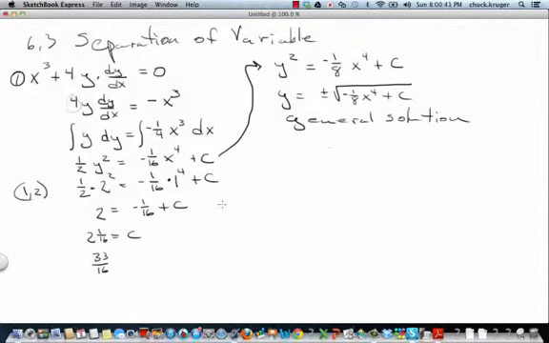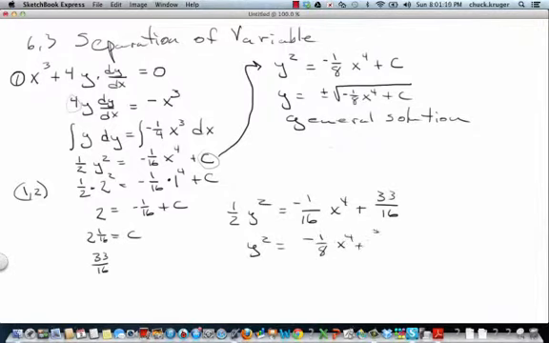What I want to do is now plug in my c at this spot right here. So I have 1/2 y squared equals a negative 1/16 x to the 4th plus 33/16. And I can multiply everything by 2, and I'll get negative 1/8 x to the 4th plus 33/8.